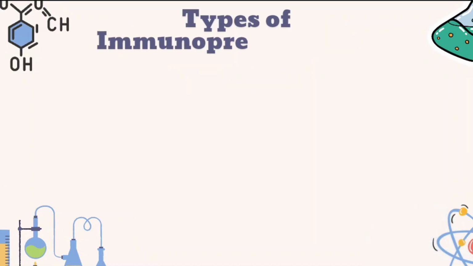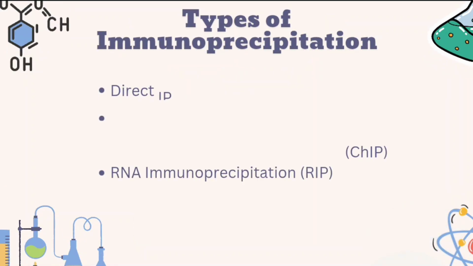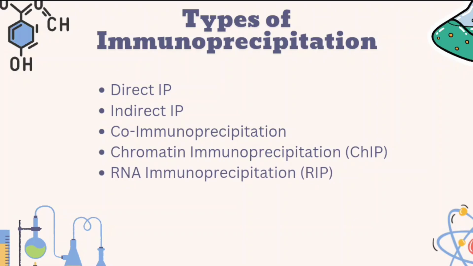There are many types of immunoprecipitation. In direct immunoprecipitation, the antibody is added directly to the lysate and then captured with beads. In indirect immunoprecipitation, the antibody is first bound to the beads before incubation with lysate.